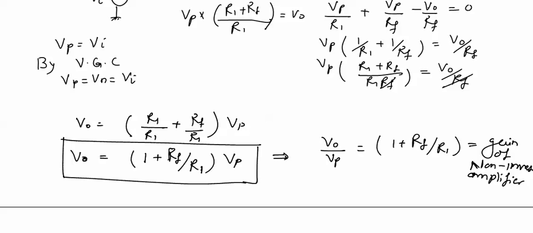Positive gain represents that there is no phase shift provided by this non-inverting amplifier, and in this circuit we have Vp equal to Vi, so output can be written as 1 plus Rf upon R1 into Vi.